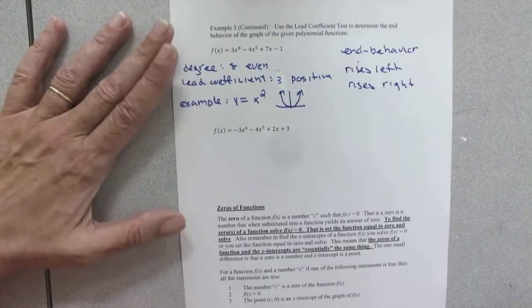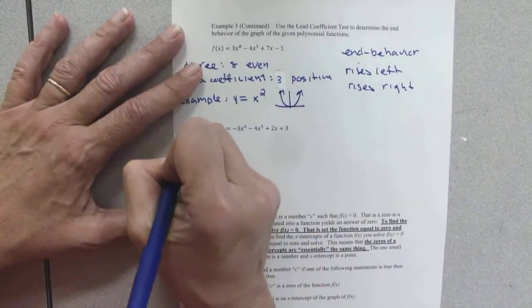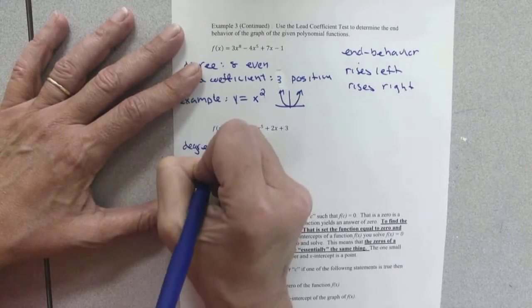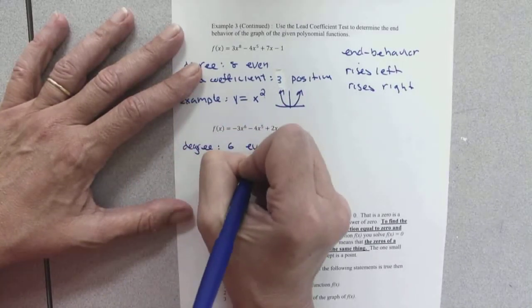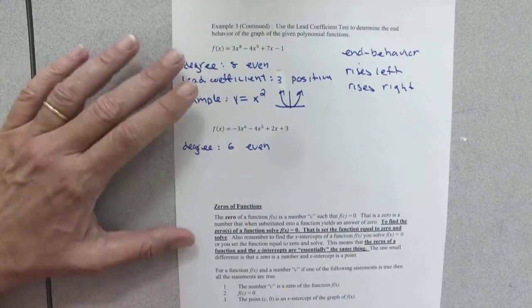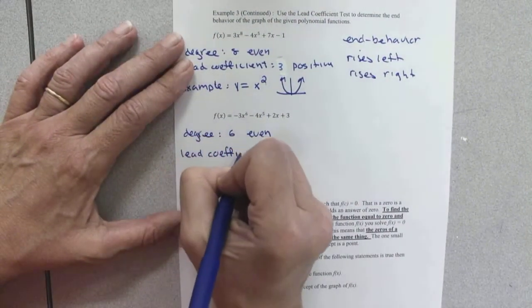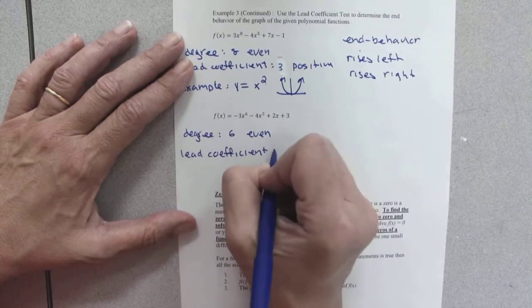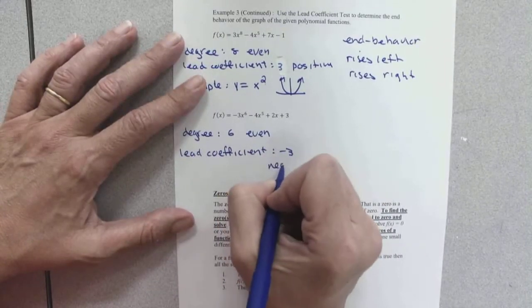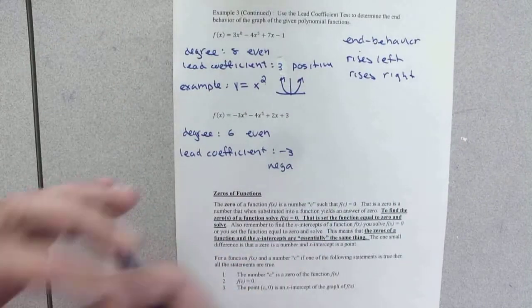And the last one for now, my degree is 6. What I care about is that that's even. My lead coefficient is -3, and what I care about is that that is negative.